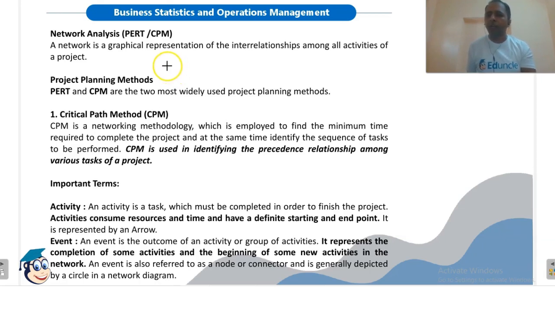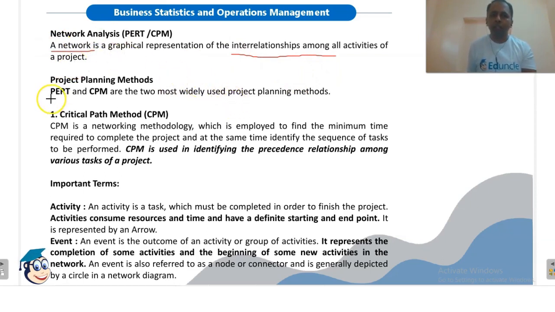A particular activity will be the end activity. So we can say that there is a relationship between various activities of a project. If we draw a graphical presentation of this interrelationship among the activities of a project, then the graph is known as what? A network. I will show you a diagram in the later part.